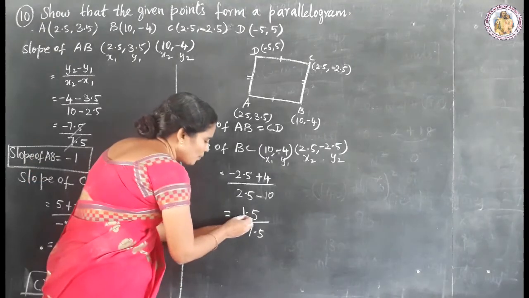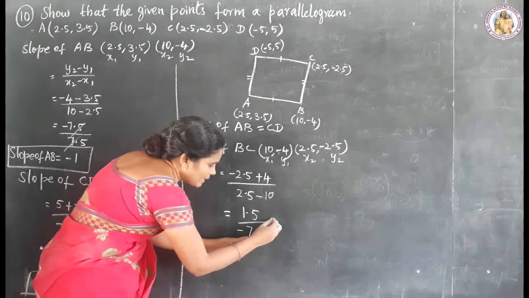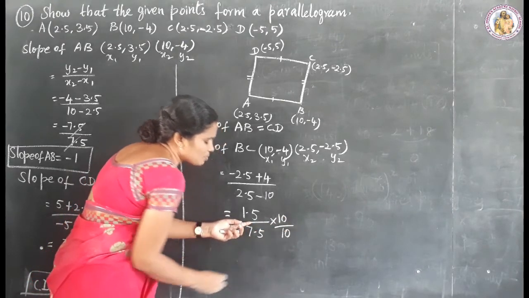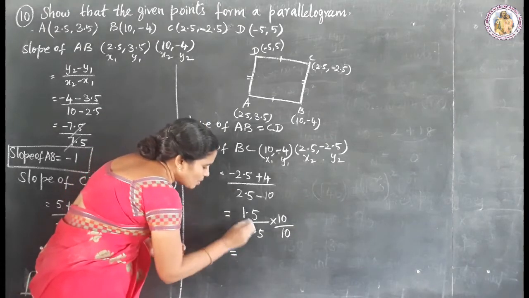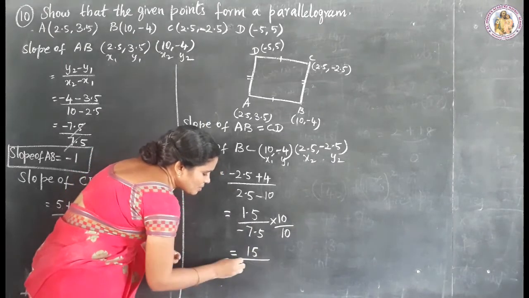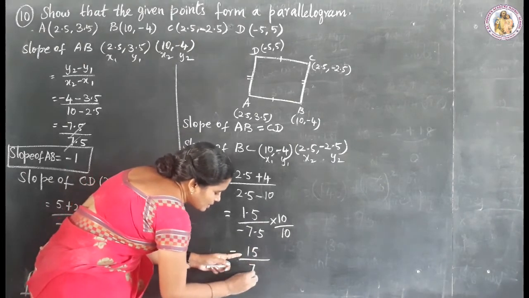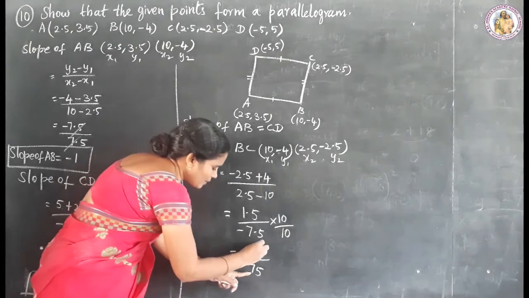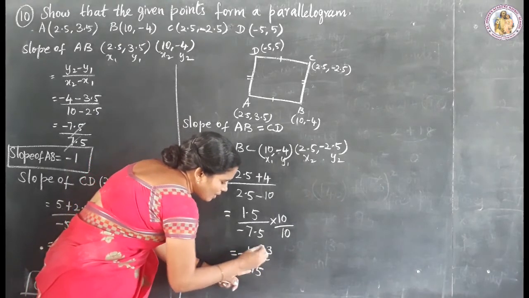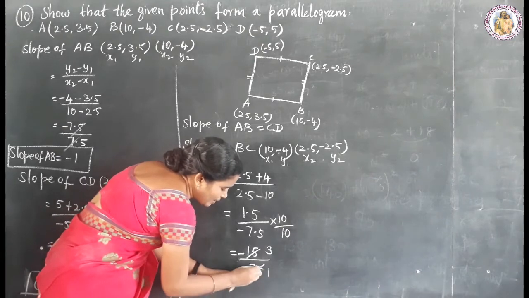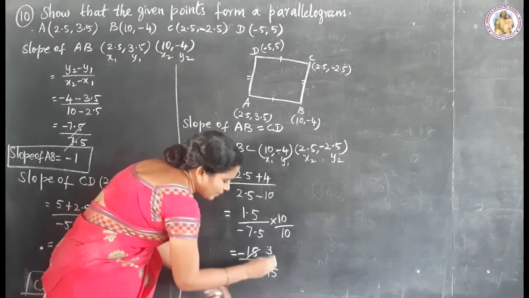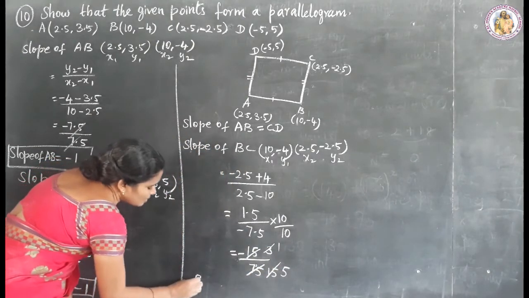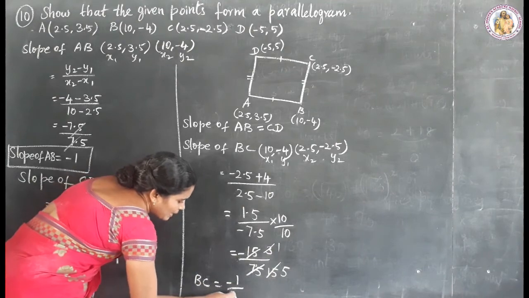Now 1.5 divided by 7.5 is in decimal, so to remove the decimal place, multiply both numerator and denominator by 10, so 1.5 becomes 15 and 7.5 becomes 75. So minus 15 by 75. 5 threes are 15, 5 fifteens are 75. Therefore slope of BC is equal to -1 by 5.